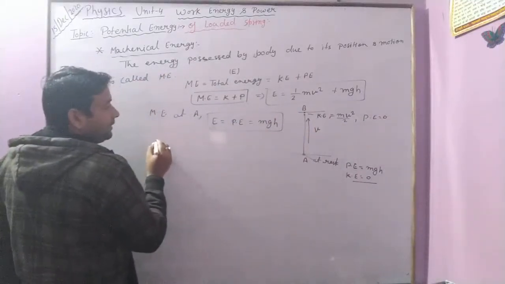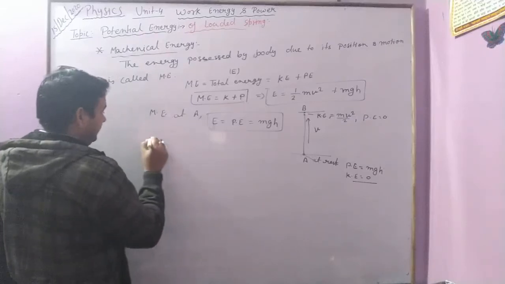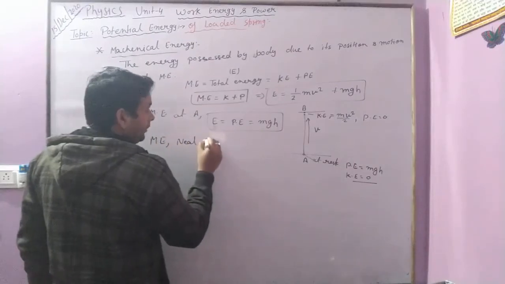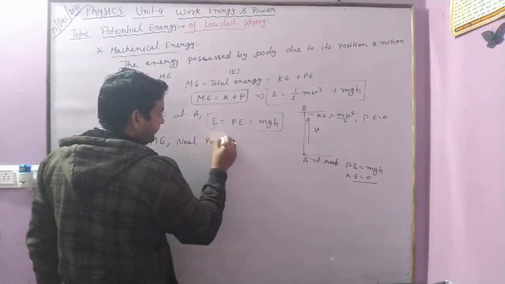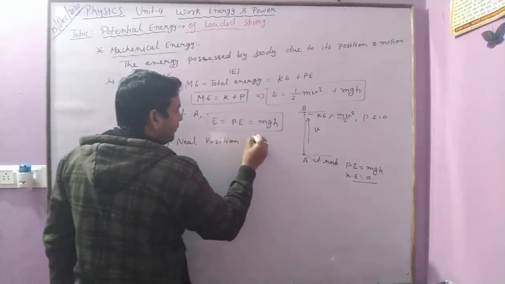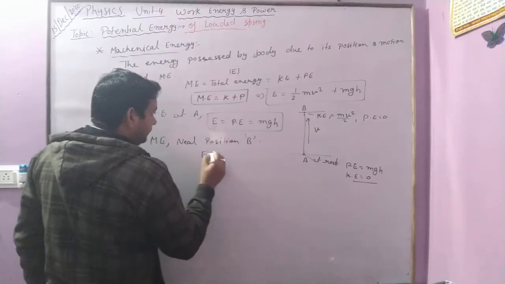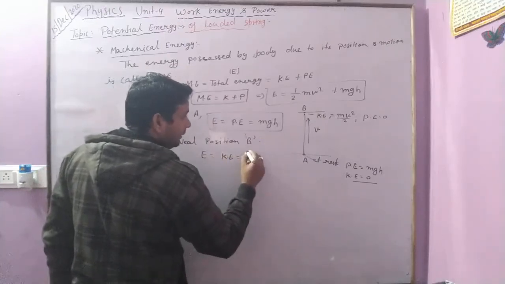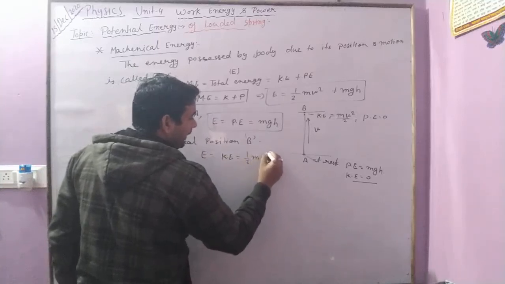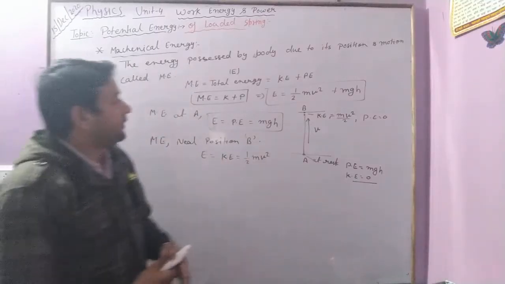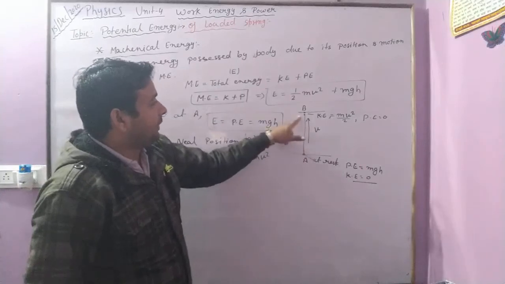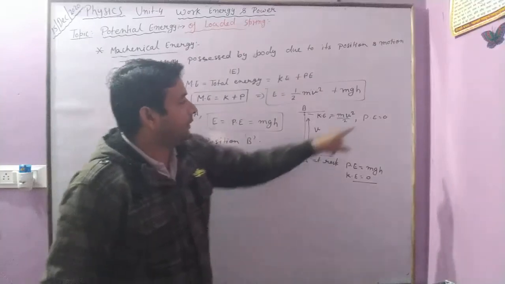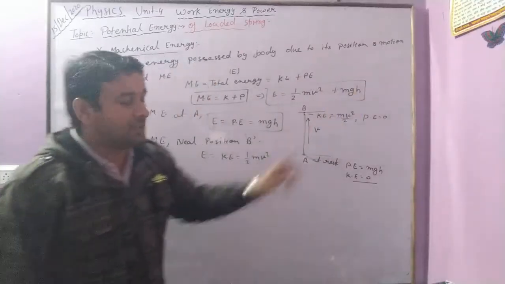Therefore, the mechanical energy near position B is due to kinetic energy, equal to half mv square. Then when the object is near B, it possesses only its kinetic energy, and at location A it possesses only the potential energy.